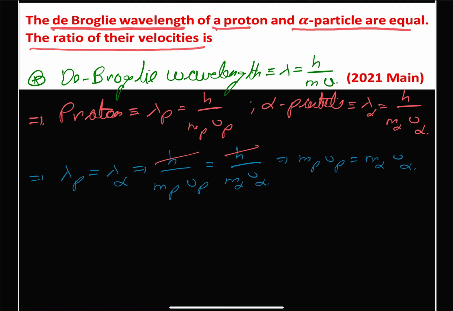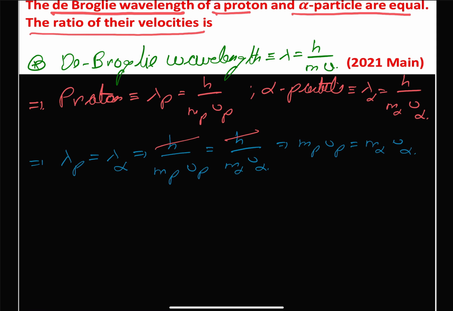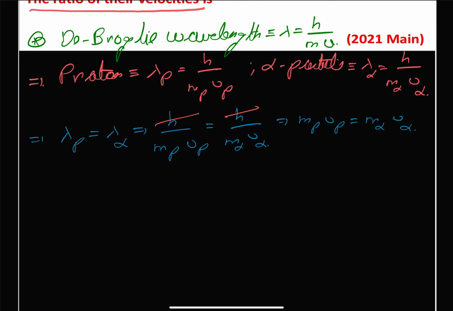We have to find the ratio of their velocities. Therefore velocity of proton divided by velocity of alpha will be equal to mass of alpha over mass of proton. And we know that mass of alpha is 4 times mass of proton.